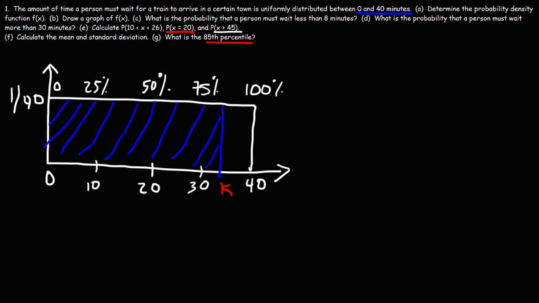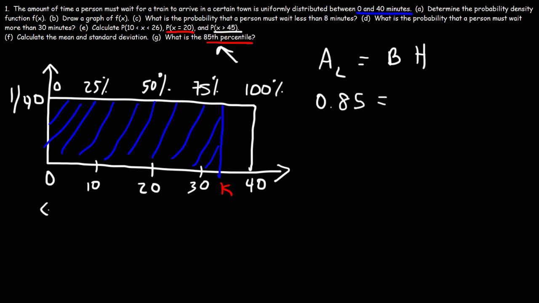So the area of this rectangle that we shaded is 85% or 0.85. So the area on the left side is going to be equal to the base times the height. And the area is the same as the probability for any continuous probability distribution function.